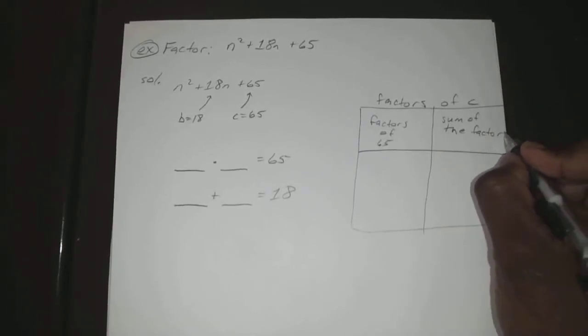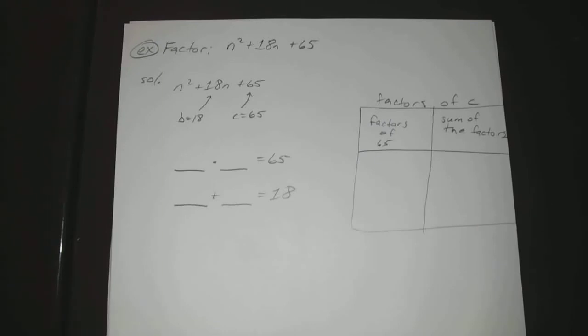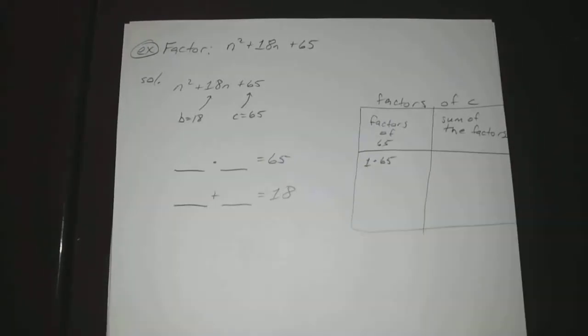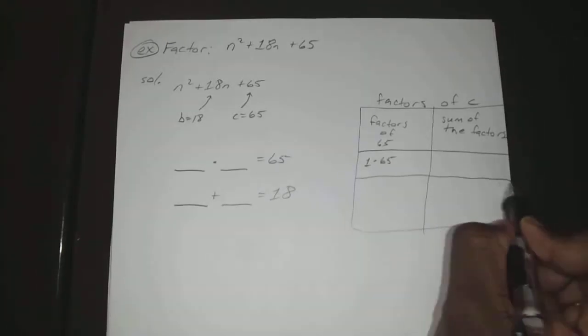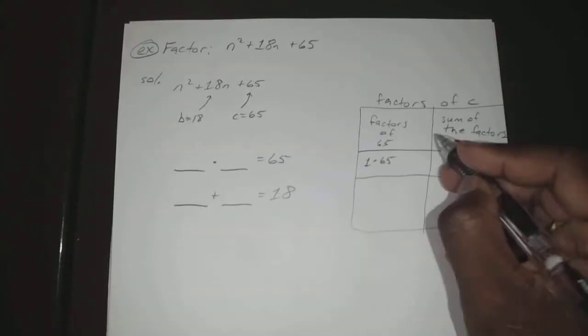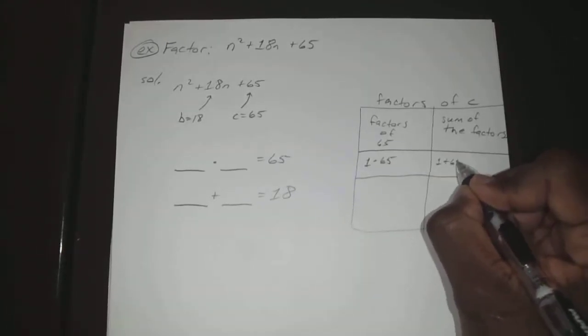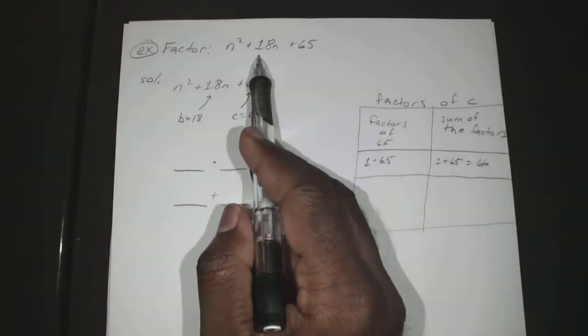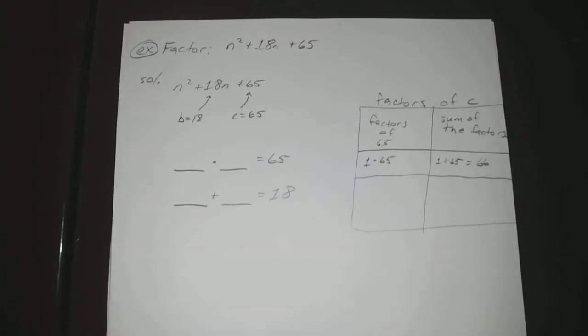So we know we have 1 times 65. If we add them together, 1 plus 65 is equal to 66. So we know we're not going to use that because we need it to equal 18.